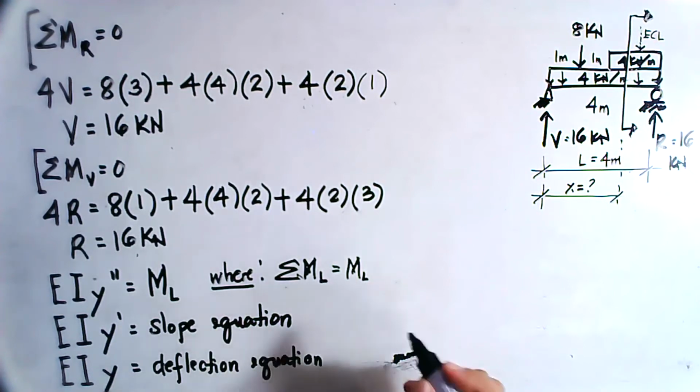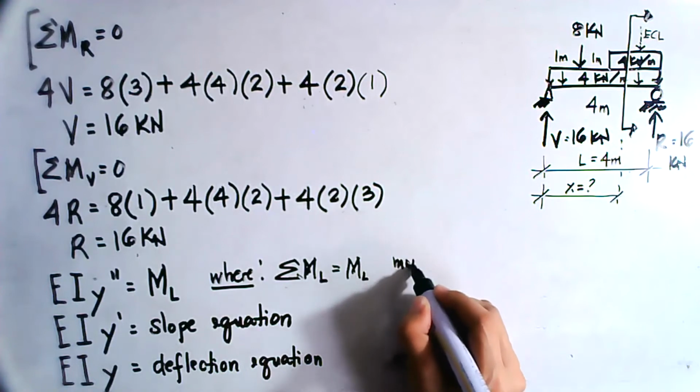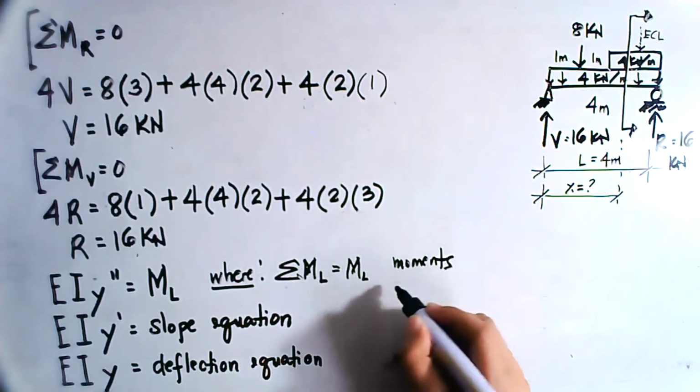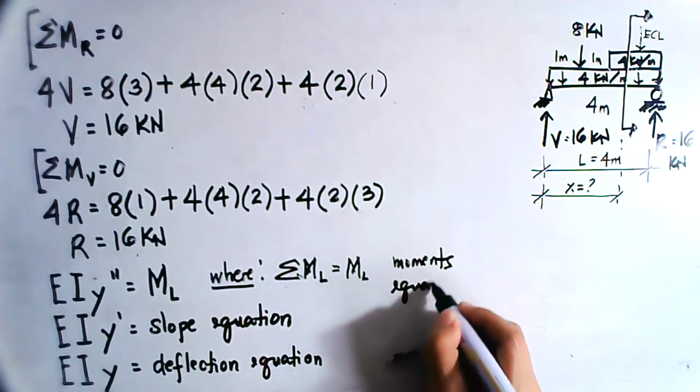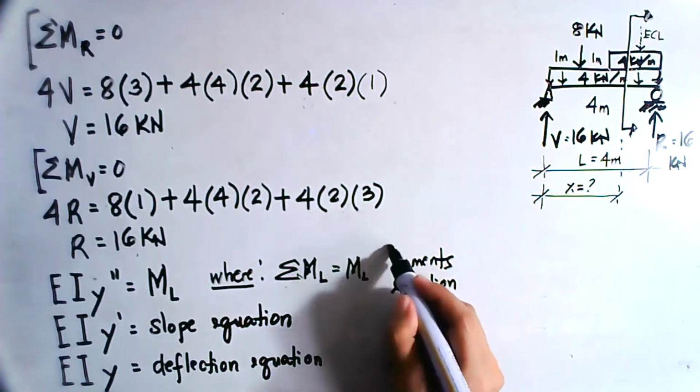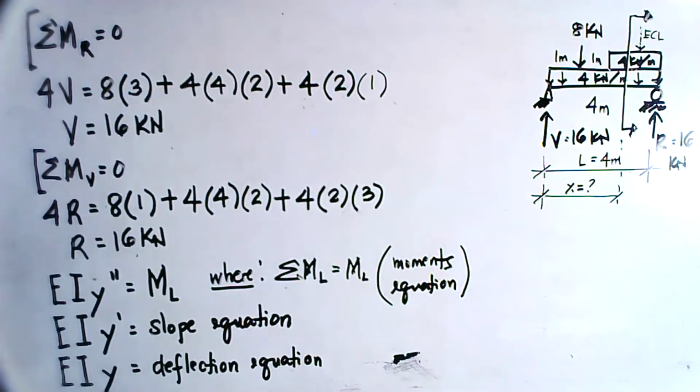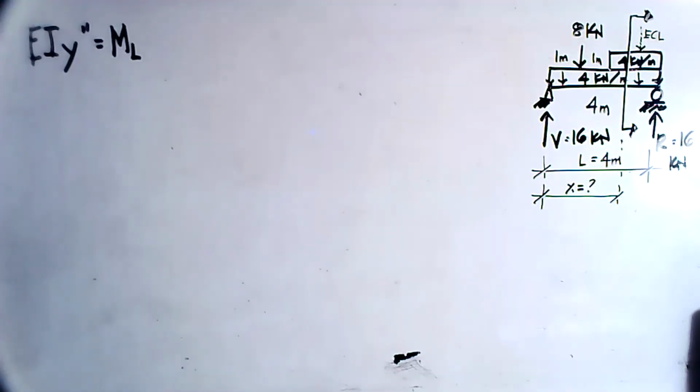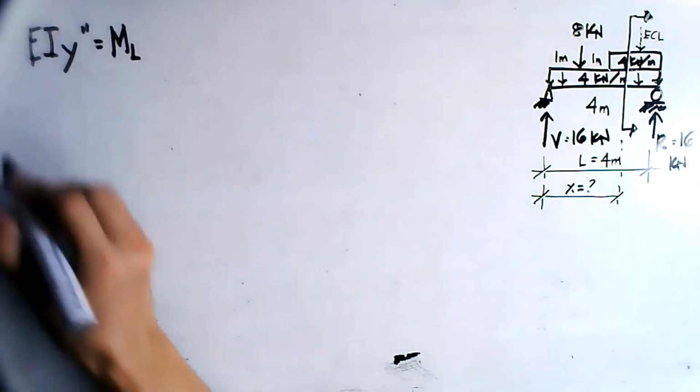So we have three equations here, and the last equation will be used to determine the deflection, which is denoted by the variable y.